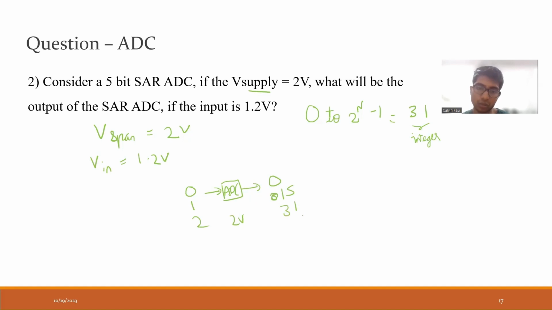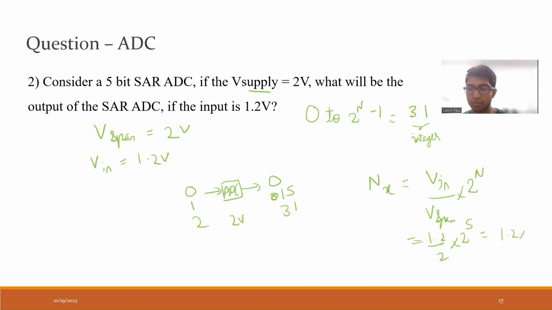So we will find this equivalent decimal number, which is equal to V in upon V span into 2 raised to n. That will be equal to 1.2 divided by 2 into 2 raised to 5.